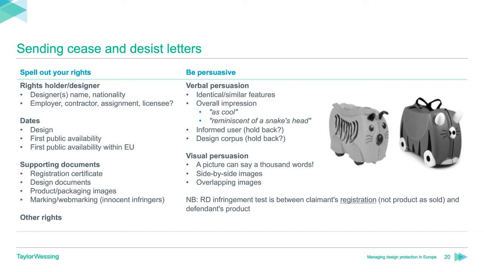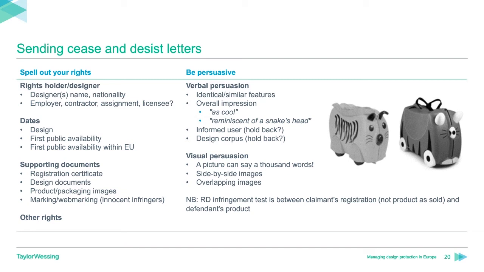So the first obvious thing is to really spell out your rights. Typically that'll involve starting by specifying who the rights holder is and the designer, so giving the designer's name and nationality, and specifying whether the claimant is its employer or a contractor, or whether there are any relevant assignments or licenses in place.